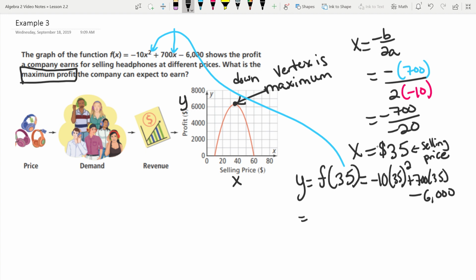Okay, so we go ahead and do the math here. 35 times 35, you're going to get 12,250, plus 700 times 35, you're going to get 24,500, minus 6,000.